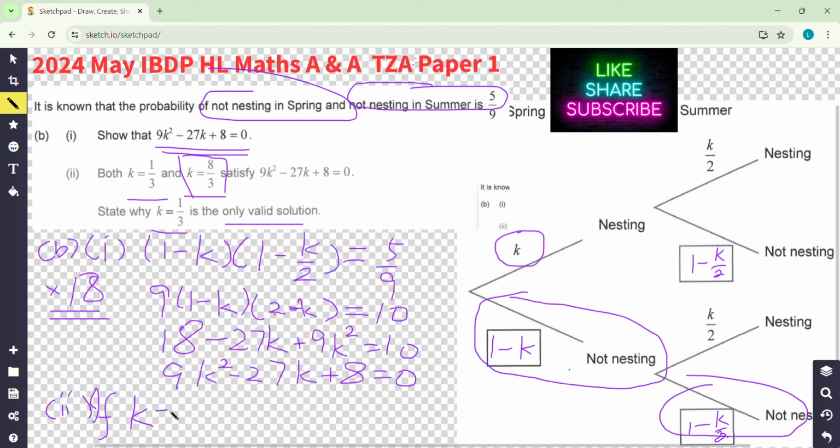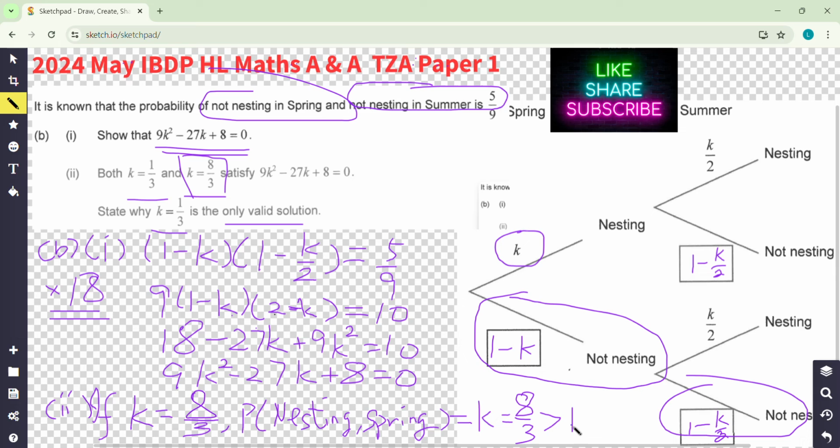So impossible, right? So you say that if K equals 8 over 3, then the probability of nesting in spring, you have to write clearly, K will be equal to 8 over 3, which will be larger than 1.